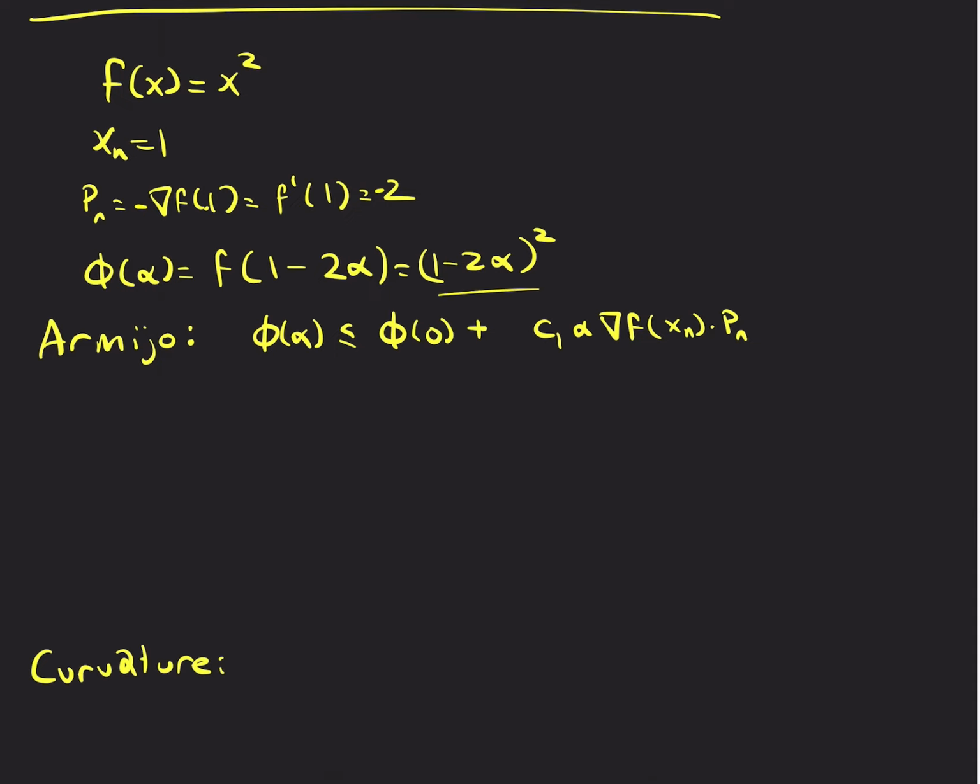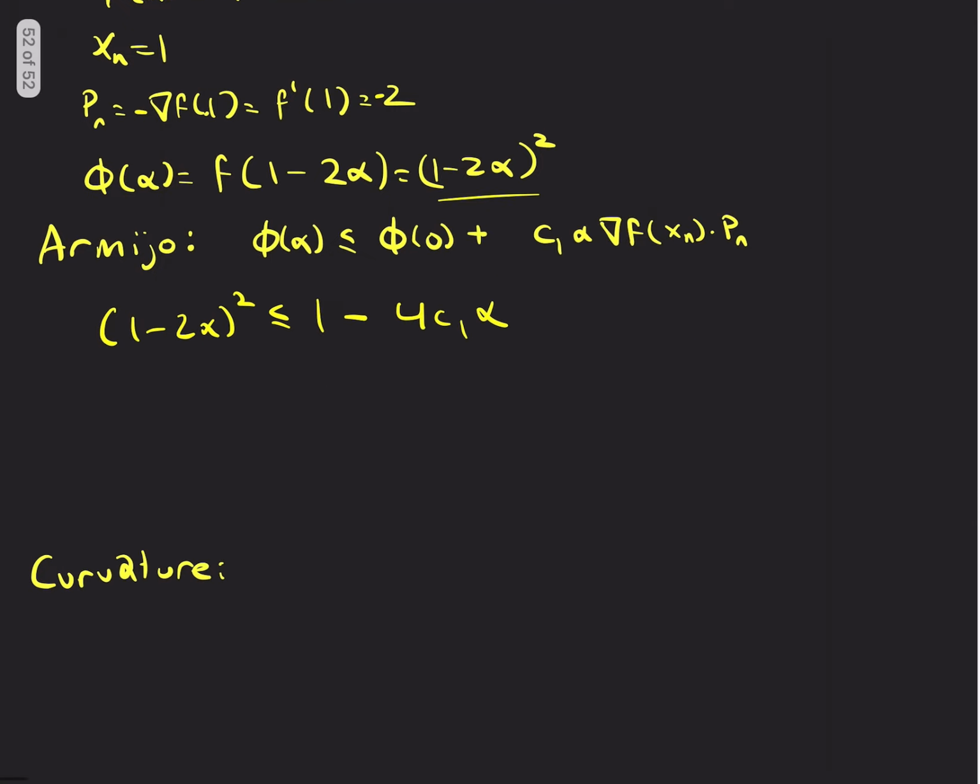Let's look at the Armijo condition. That says (1 minus 2 alpha) squared is less than or equal to phi of 0, which is 1, minus c1 alpha times the gradient squared, which is minus 4 c1 alpha. Let's plug in alpha equals 1.